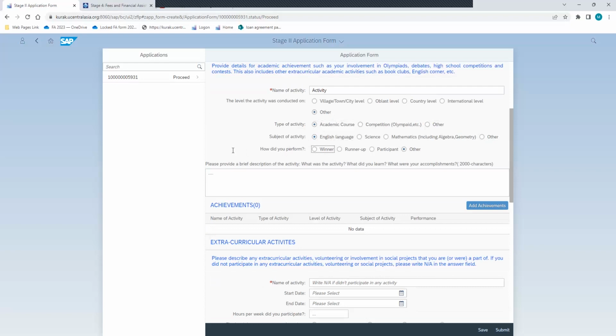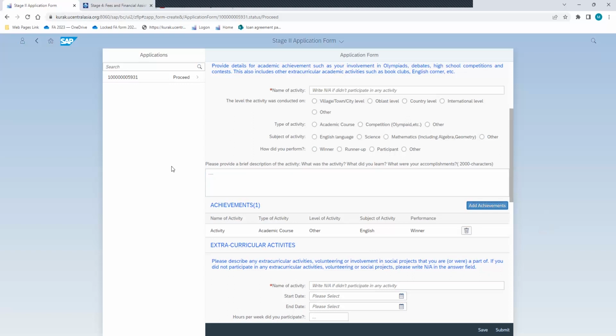Let's say an applicant who performed well, he was the winner. It asks us for the boxes to fill, like a brief description. So you briefly explain what kind of activity that was, etc. And then tick add achievements in order to save that achievement.